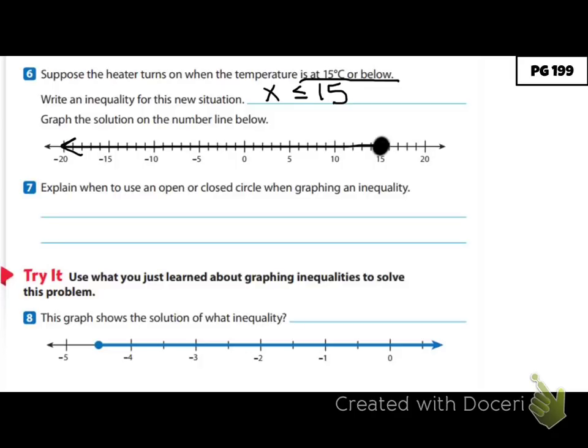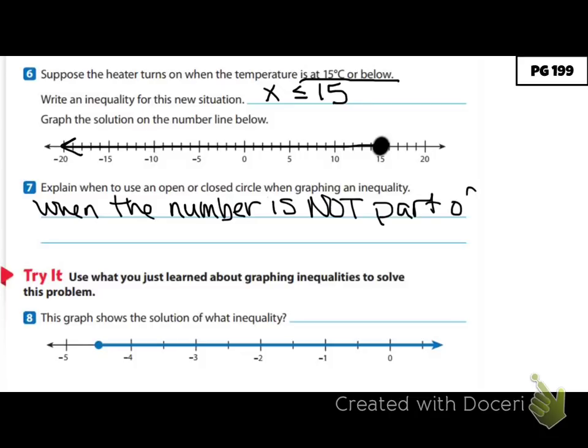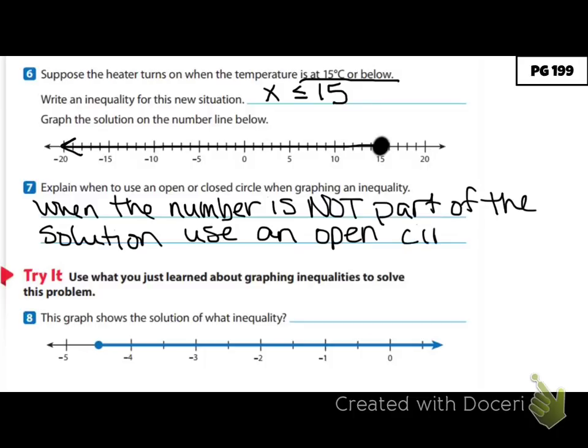So, number 7 says, explain when to use an open or closed circle when graphing an inequality. So when the number is not part of the solution, use an open circle, or one that is not filled in.